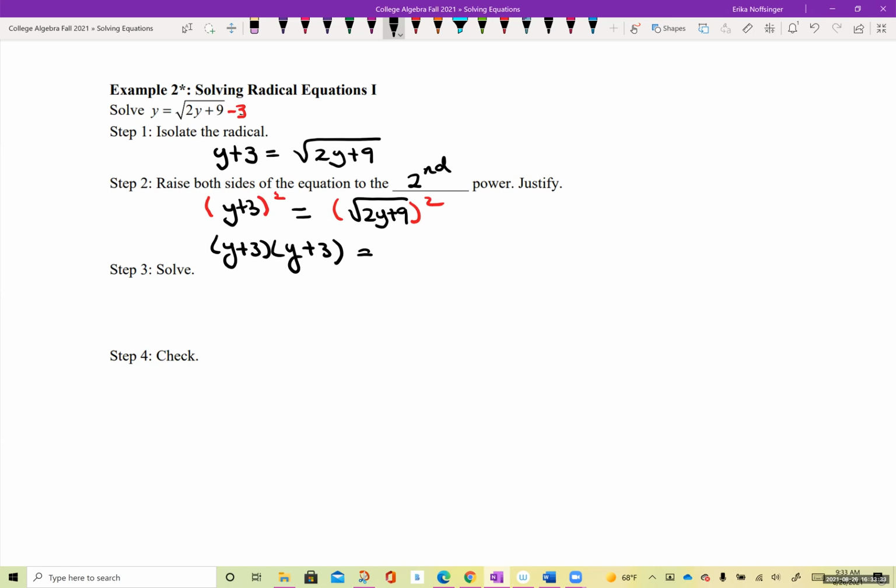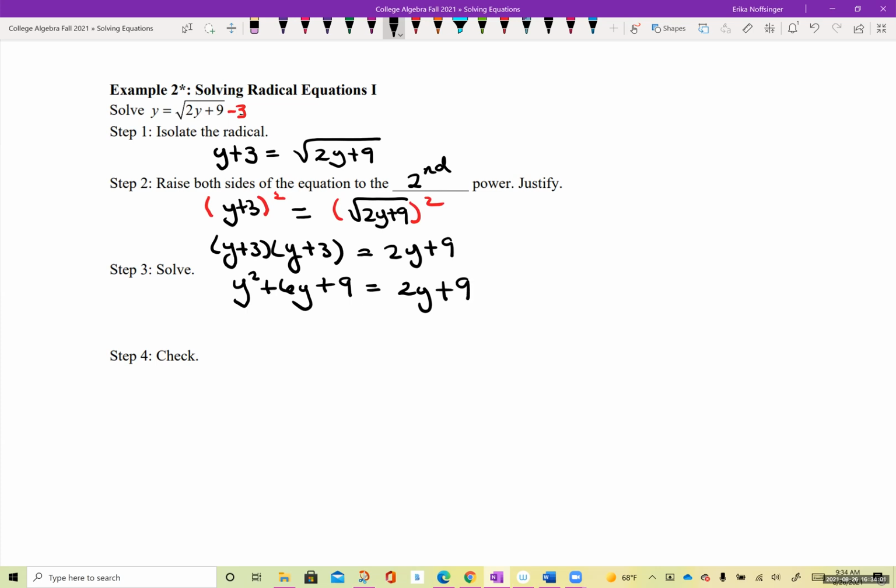So we have y plus 3 times y plus 3 is equal to 2y plus 9. So let's distribute. That gives us y squared. I'm going to skip the step and add our middle terms right now. So this is a 3y plus a 3y, so plus a 6y. And 3 times 3 gives us plus 9. Is equal to 2y plus 9.